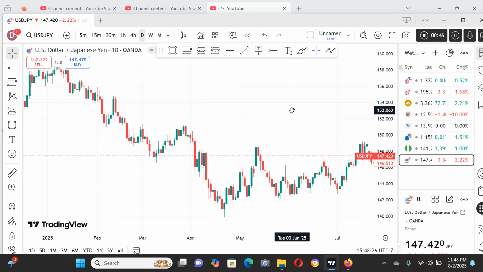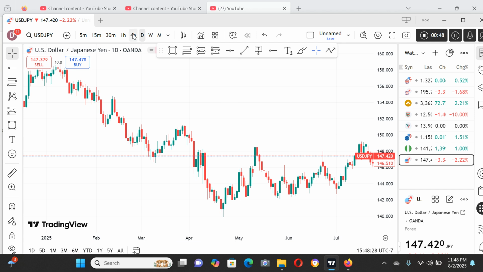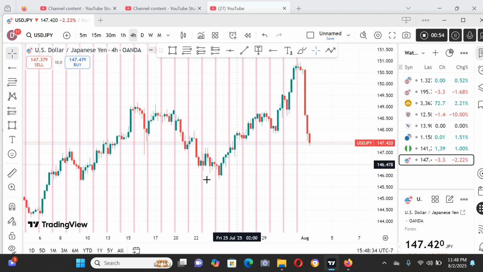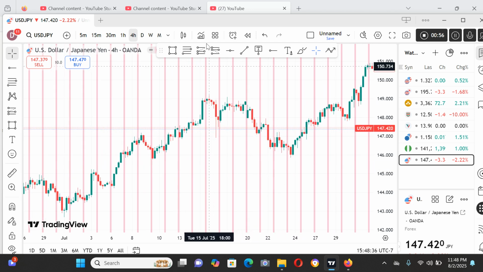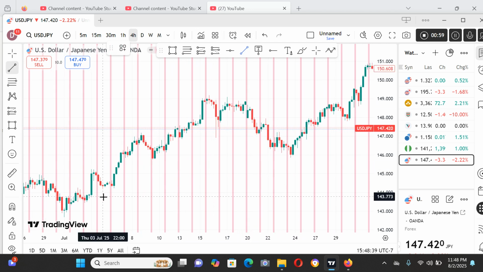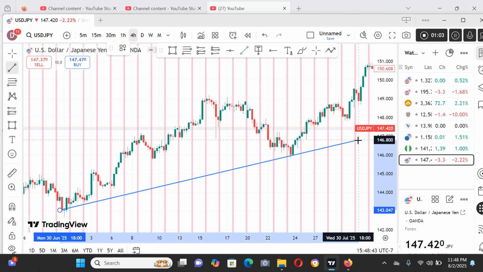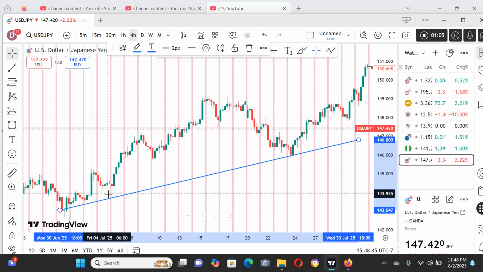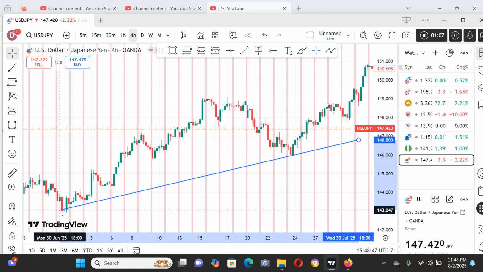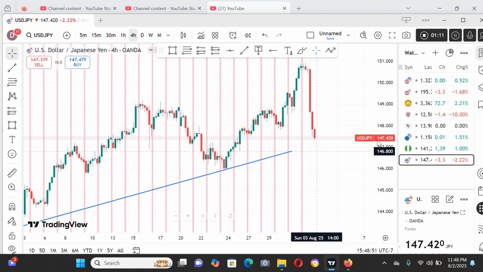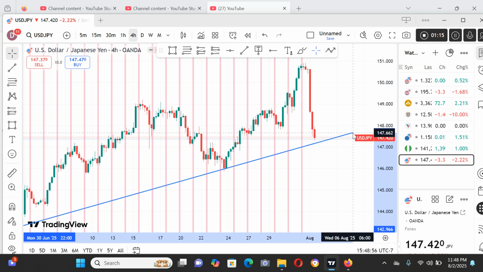Now, let's go to the 4 hour time frame and look at the trend of the market. On the 4 hour time frame, you can see the market is on an uptrend. Let's draw a trend line from here. This is considered as the origin of the trend. In an uptrend market, we need at least two troughs; it can be more than that.